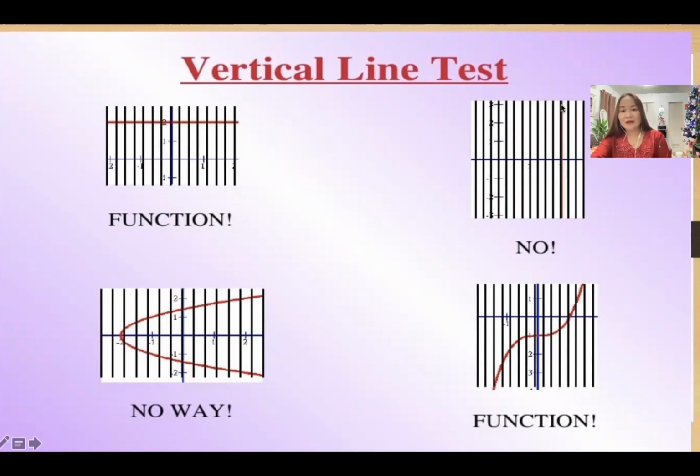But this graph is already vertical, so all points here are part of the common point. So this is not a function. This parabola that opens to the right is not a function. And this one is a graph going up. You draw a vertical line, only 1 point of intersection.